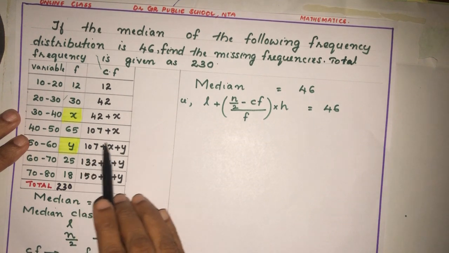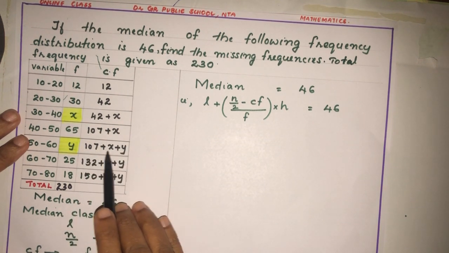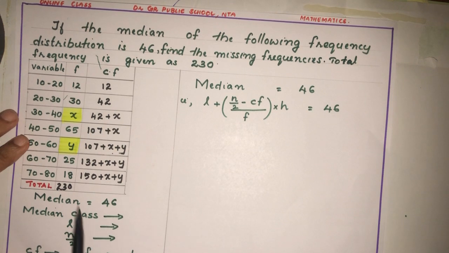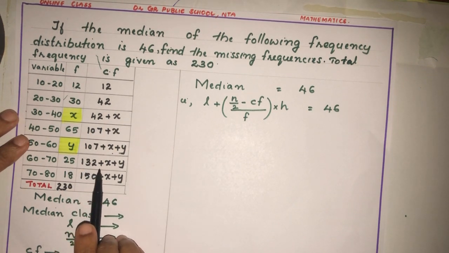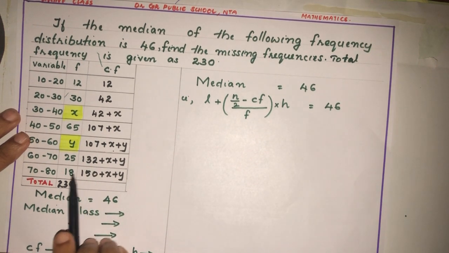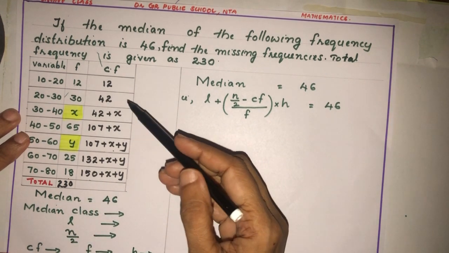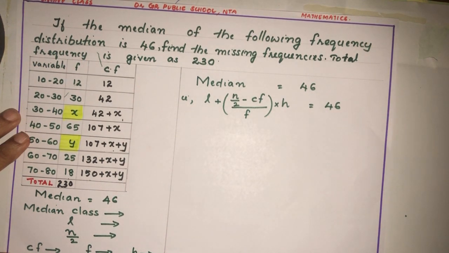So we can't add these two, don't write it as xy. 107 plus x plus y, two different variables. So we have to write separately. Then 107 plus 25, 132 plus x plus y. Then 132 plus 18, 150 plus x plus y. So we got all the columns of CF.